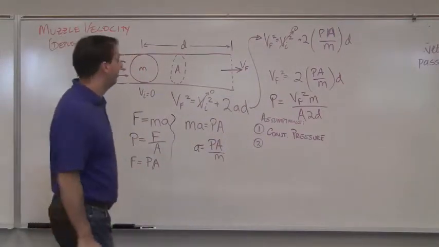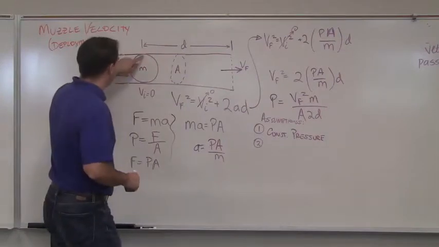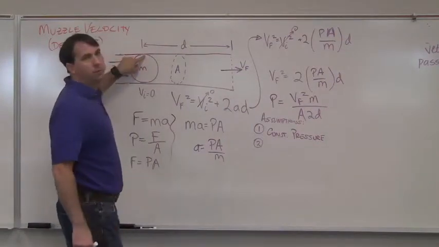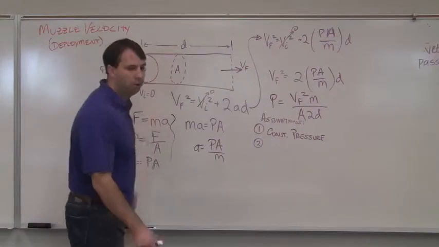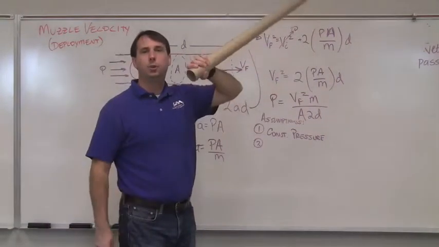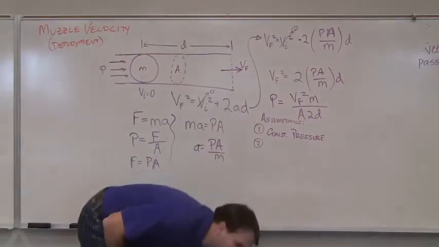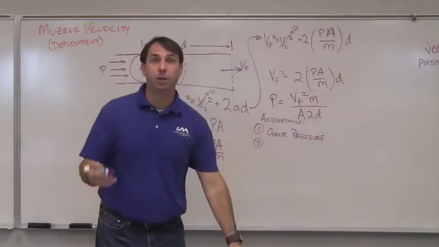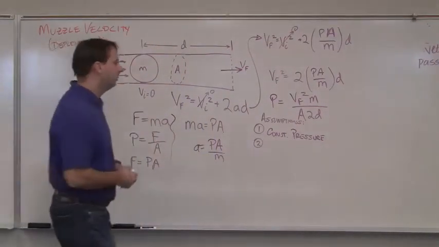So the second one, I'm going to go in order from the book. The second one, this probe, this mass, actually touches the walls of our tube, of our barrel, right? It touches the inside walls of the barrel. What's going to happen right there? We're going to have friction, right? But do we have a friction term in here at all? We do not.